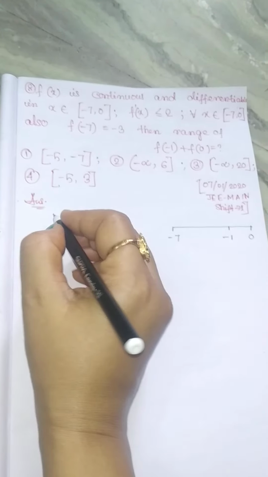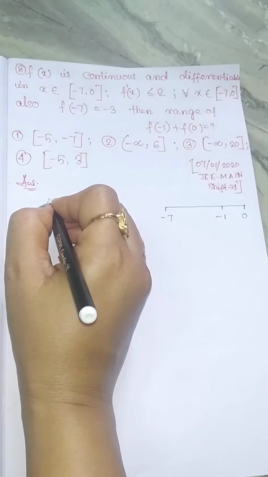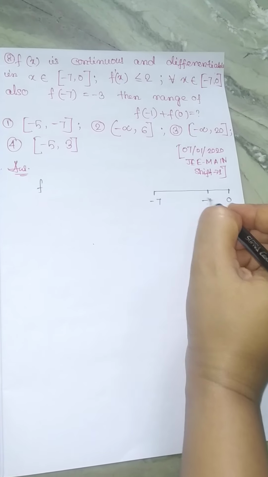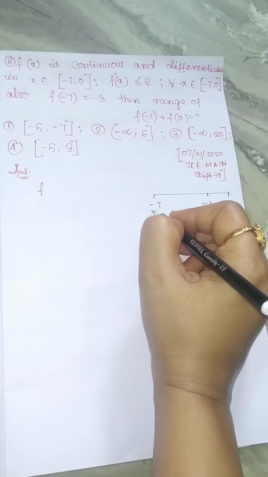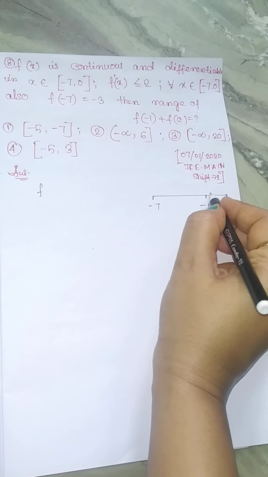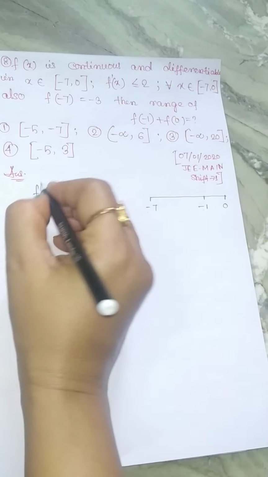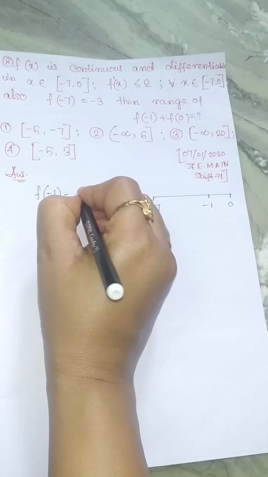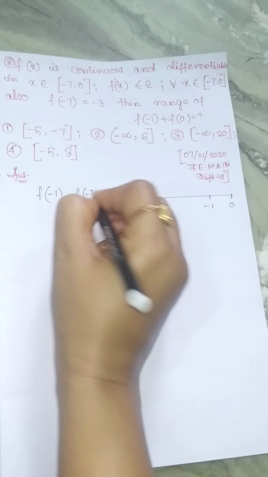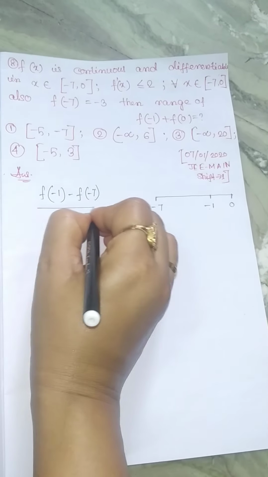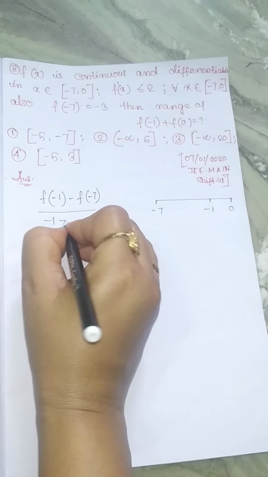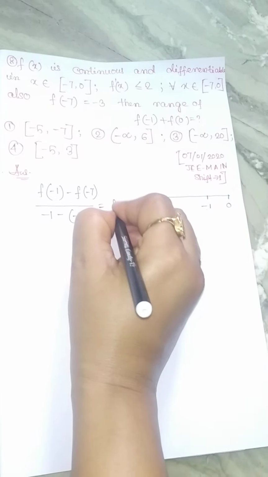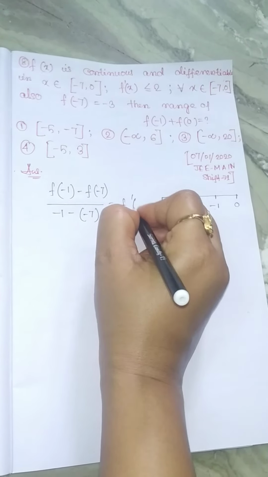So we apply Lagrange's mean value theorem in the interval -7 to -1. In the interval we apply Lagrange's mean value theorem: (f(-1) minus f(-7)) divided by (-1 minus (-7)) is equal to f'(c).